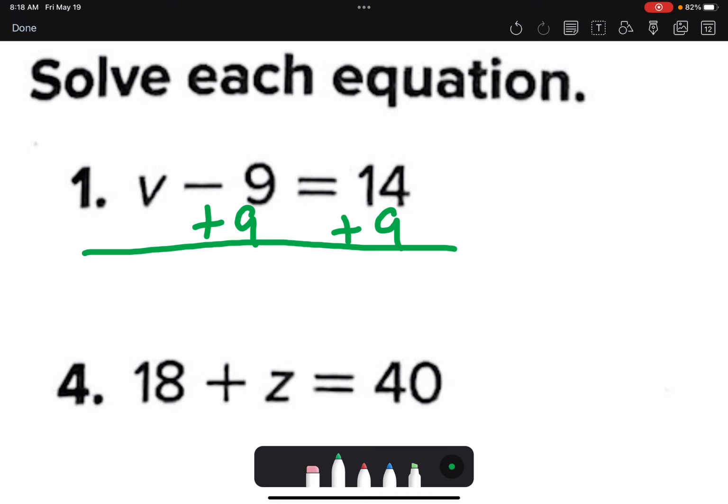So we have v is the only one that's alone. This is now gone. V, and how do I know I'm done? It's alone. There's nothing in front of it except for a +1, and there's nothing else. So I know I am done. And then 14 plus 9 is what? All right, so let's answer it now. So 14 plus 9.